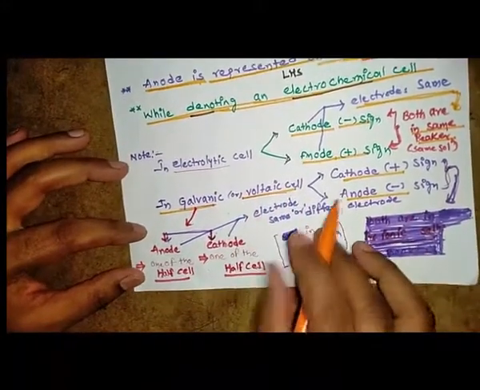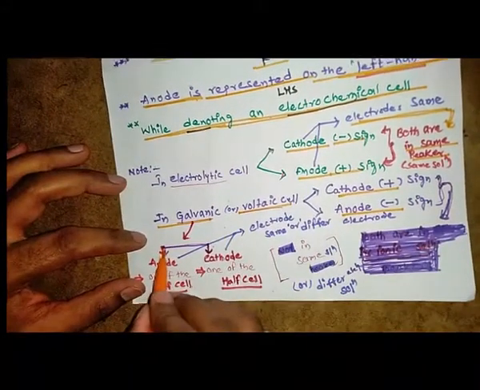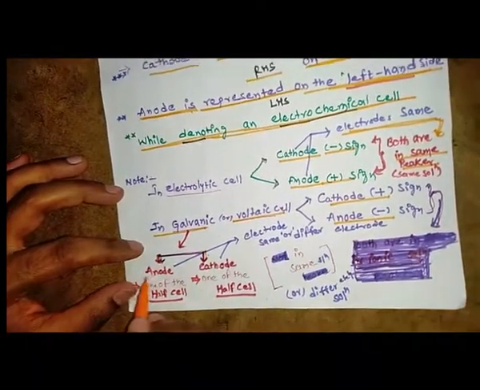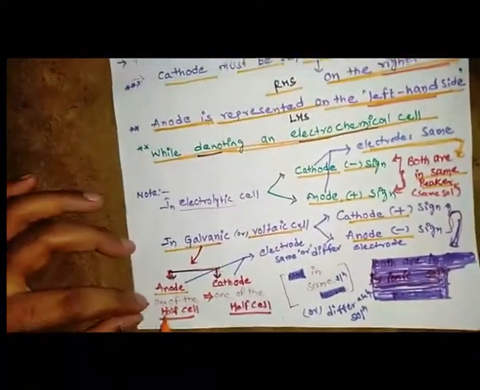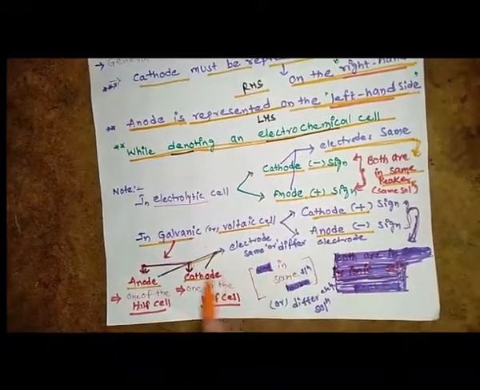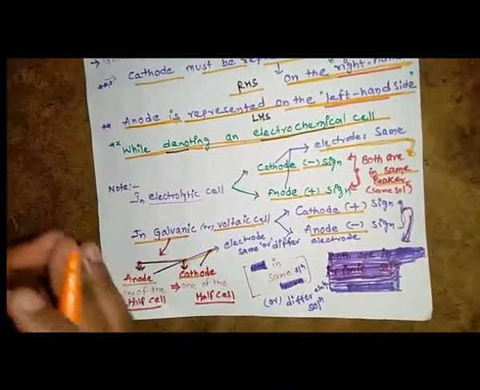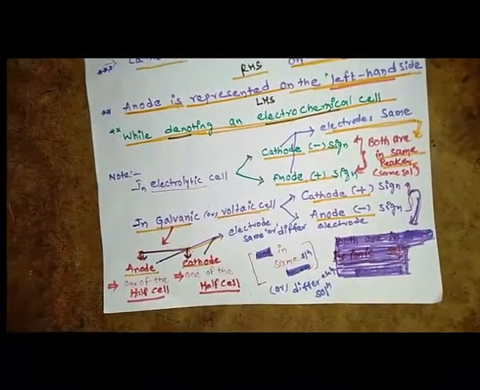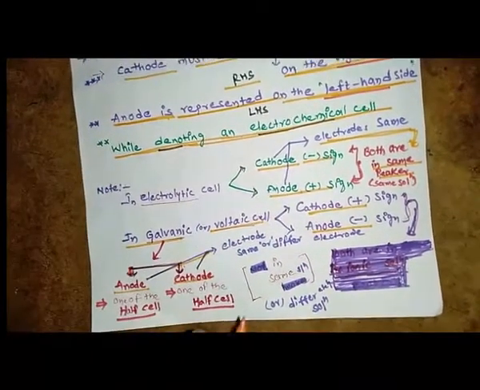Now in the galvanic cell or voltaic cell, there are two half cells. One is the anode half cell, the other is the cathode half cell. These two electrodes are present in different beakers; we do not immerse them in the same beaker.